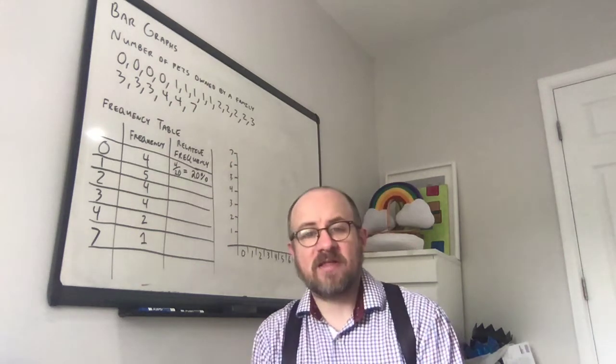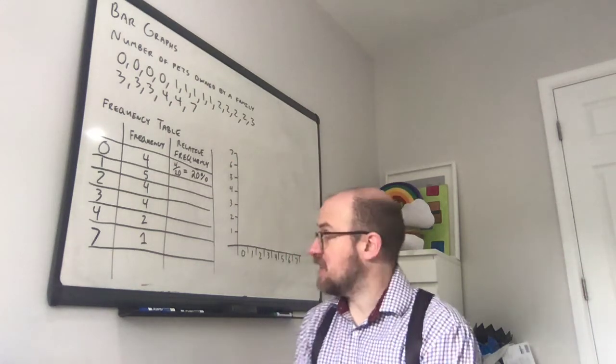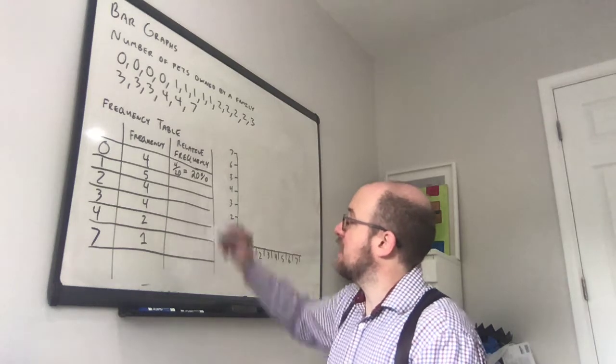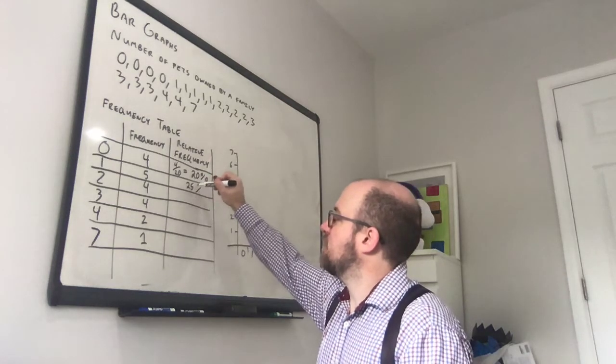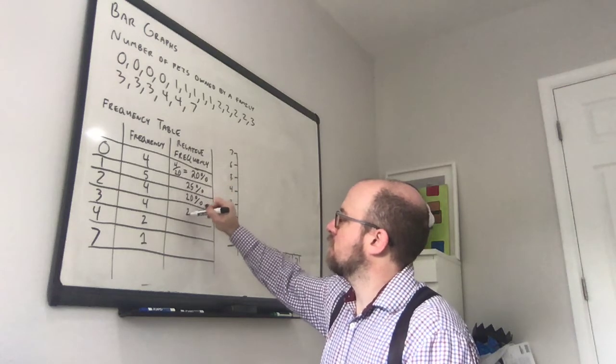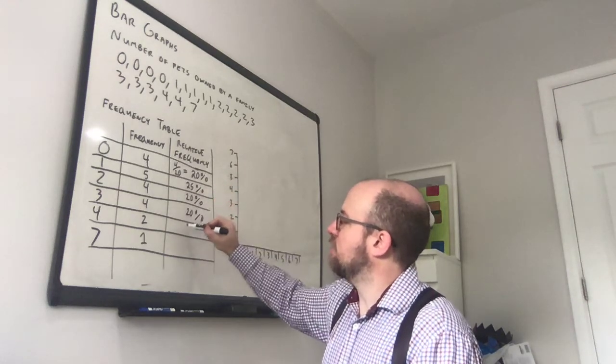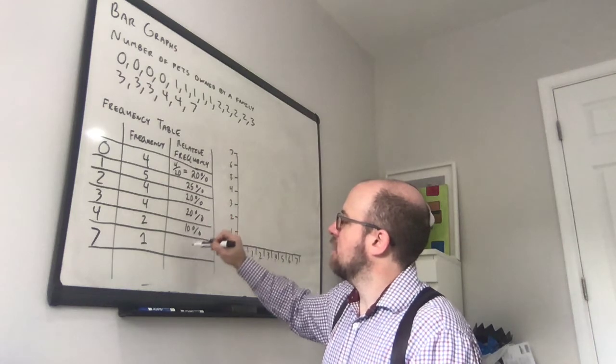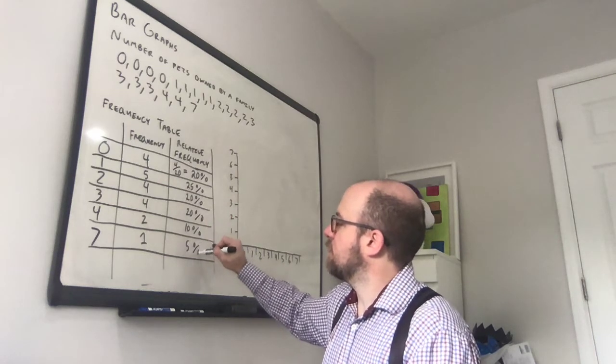Okay? And so relative frequency we usually write as a percentage: 20%, 25%, 20%, 20%, 2 out of 20 is 10%, and 1 out of 20 is 5%.